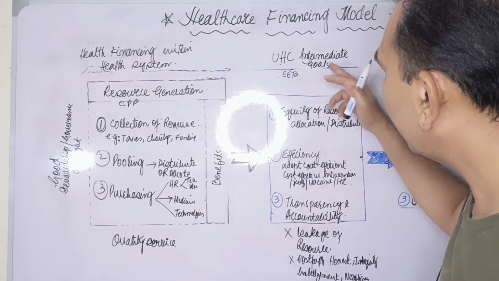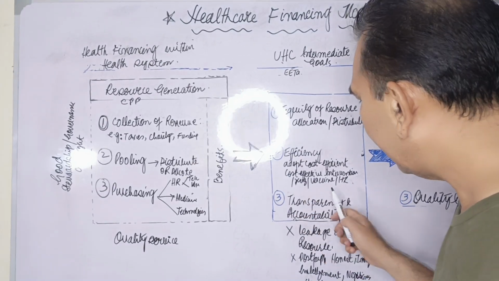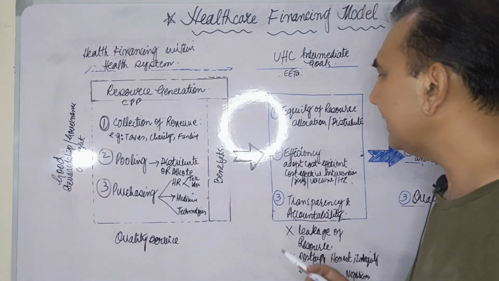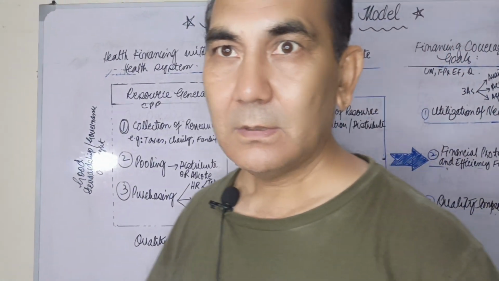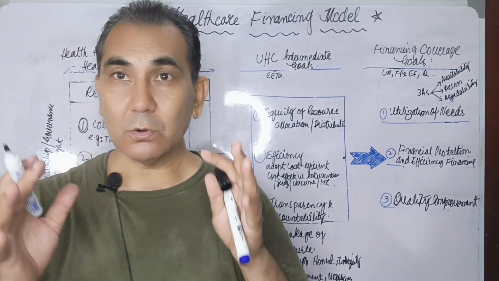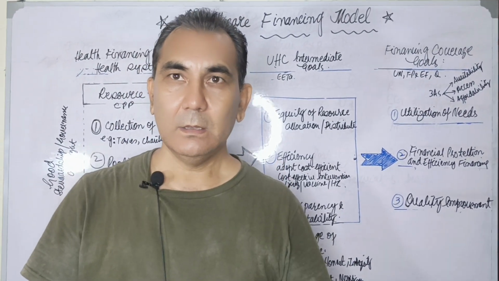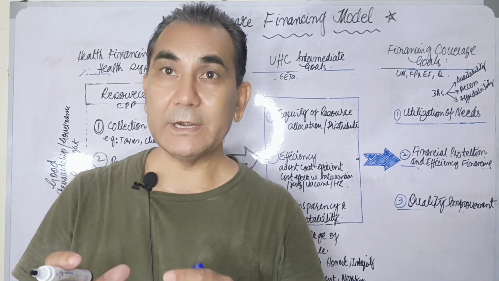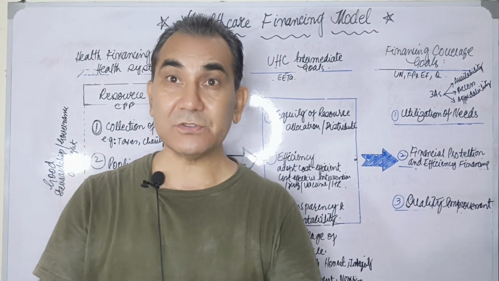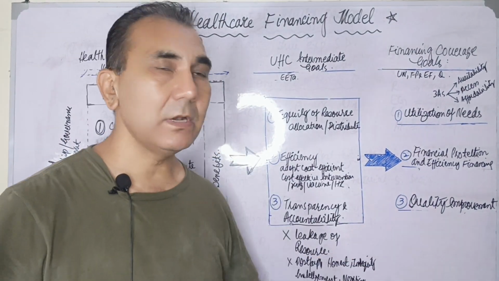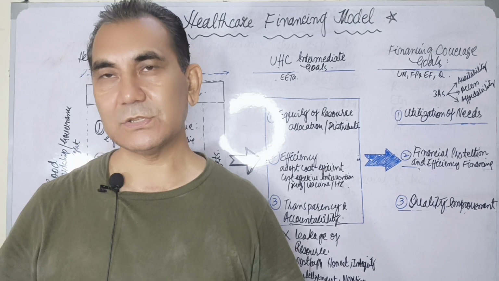And the second one, during the intermediate goal, when you maintain transparency and accountability and implement them strictly, then definitely the quality will be improved in the last.